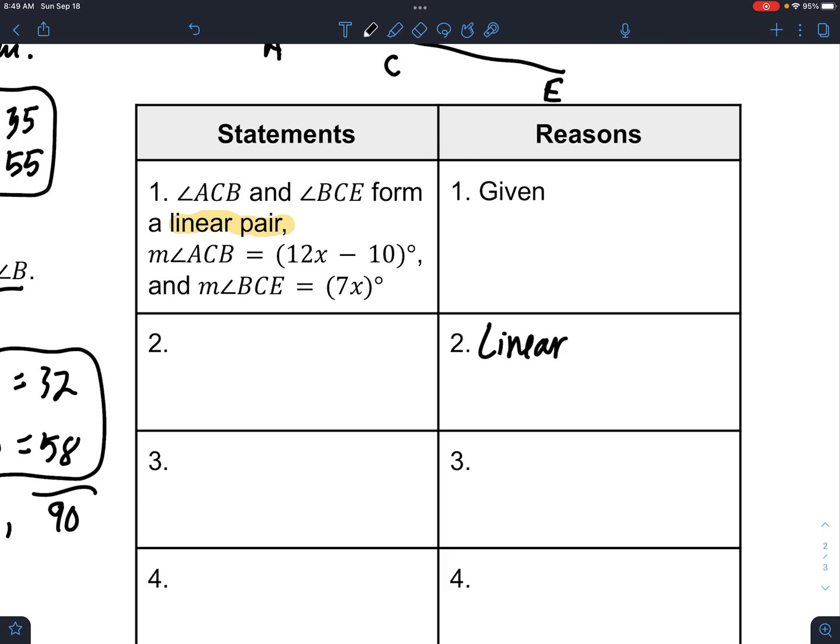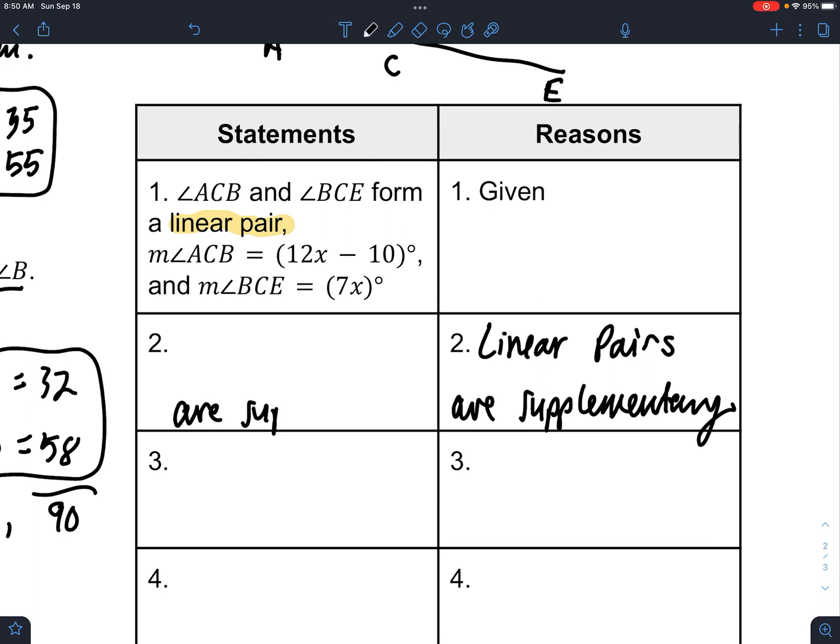Linear pairs are supplementary. Okay? And that's all we have. We can't just jump freely from whatever we want. All we have is the conversion between a linear pair and angles being supplementary.